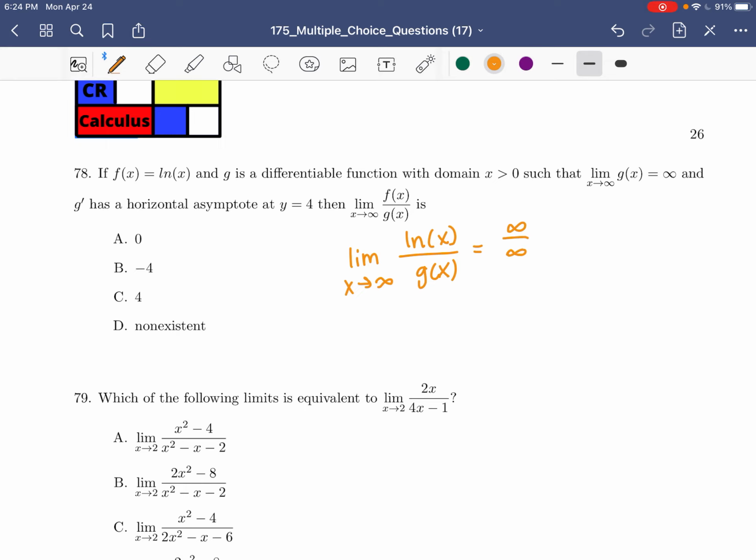When you plug that in, you're going to end up with infinity over infinity, which is an indeterminate form. So I can take the derivative of the top and the bottom with L'Hopital's, and I get 1 over x over g prime of x.